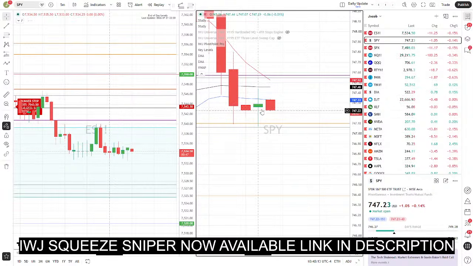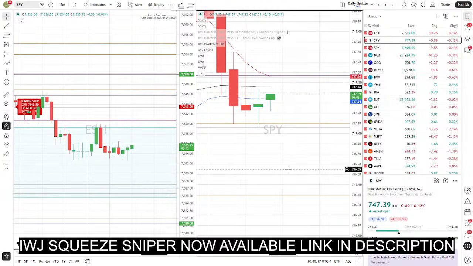That's now 3 closes below the 20, all the important moving averages here, but no follow through to the downside. If they go back up here, this is an epic trap.